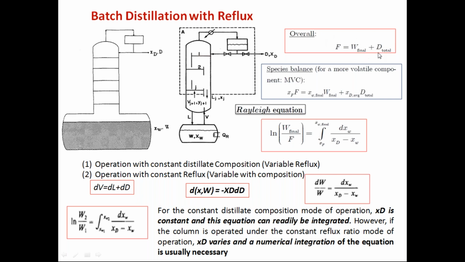This is the overall material balance. Then if you do the more volatile component balance, this is the equation obtained. We derived this equation, called the Rayleigh equation, in a previous class, which gives ln W by F is equal to the integral from xF to xW of dxW by this term.